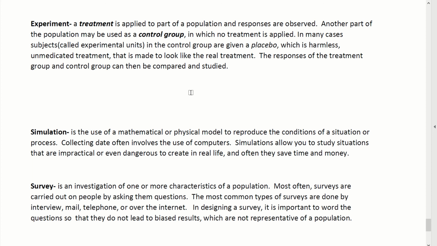It could be the third group or a second group, but in a placebo group, they receive a fake or artificial treatment that is supposed to get people to think that they're receiving the treatment, when in fact, oftentimes it's something like a sugar pill, or has no effect whatsoever. And then at the very end, experimenters compare their experimental or treatment group to the control group to see if there's any differences between the two groups.